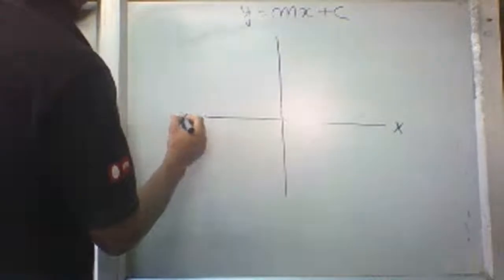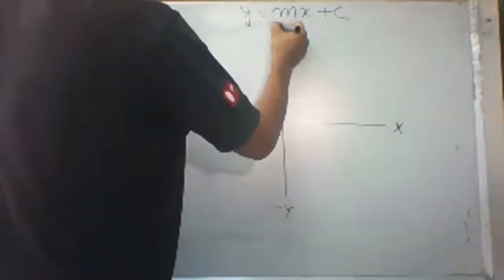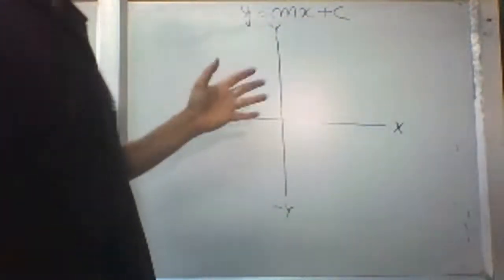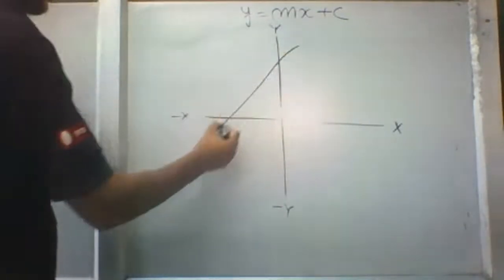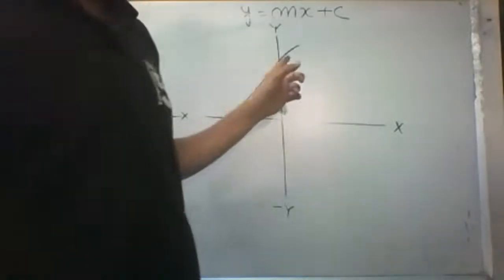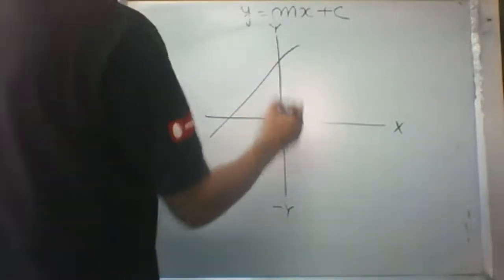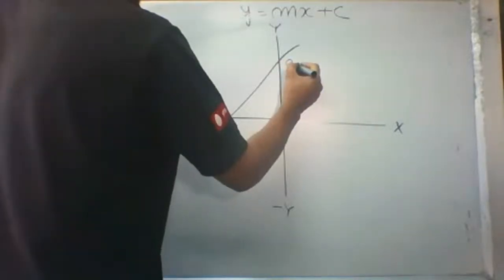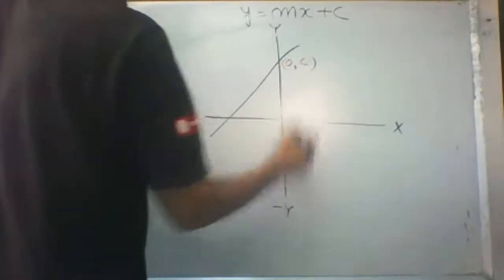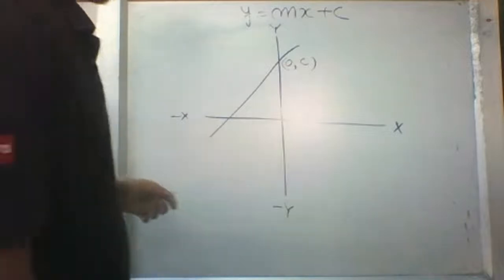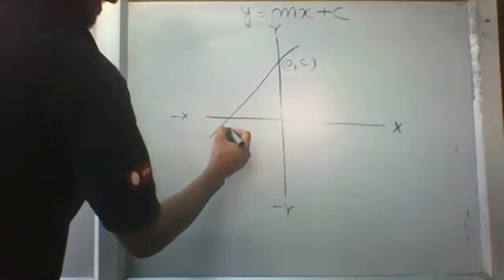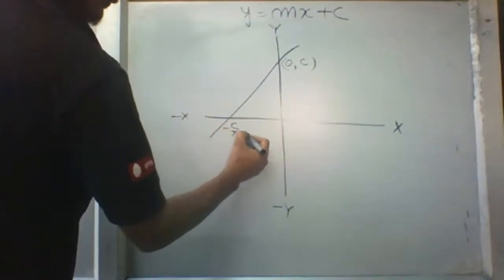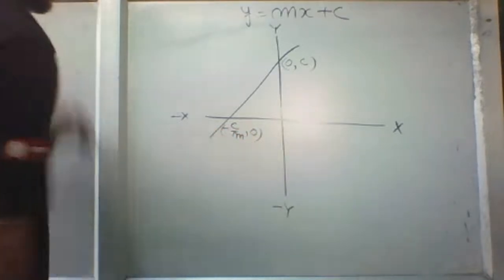Its graph was like this, and every time we solved the equation, it proved to be a straight line. I told you x was equal to 0 there, and y had the value c. And here I showed you x having the value minus c upon m, and y is equal to 0.